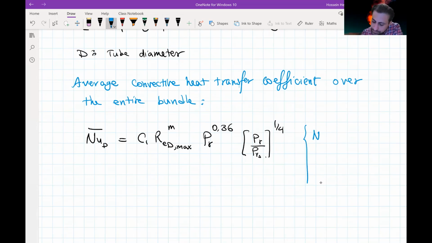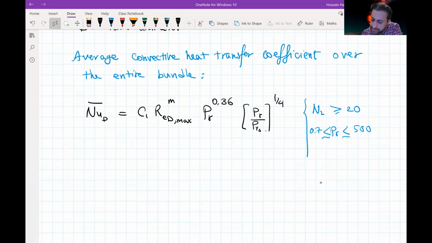And this is valid when the number of rows in the direction of the flow is greater than 20, Prandtl number is between 0.7 and 500, and for the Reynolds number D,max, the maximum Reynolds number that we can have in the system, between 10 and 2 times 10^6. Now, there are other correlations that you can see in various references.